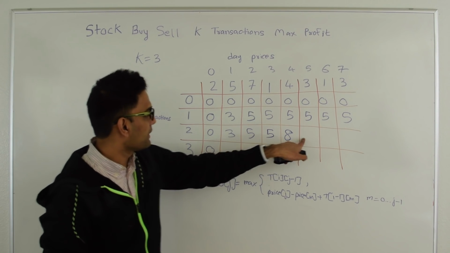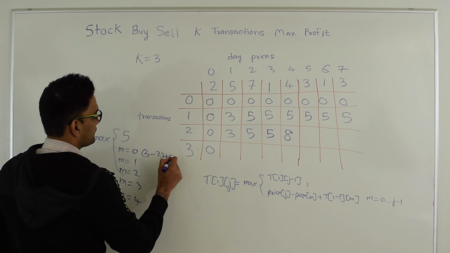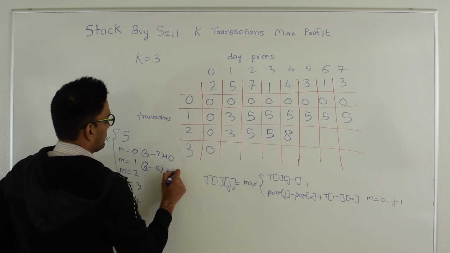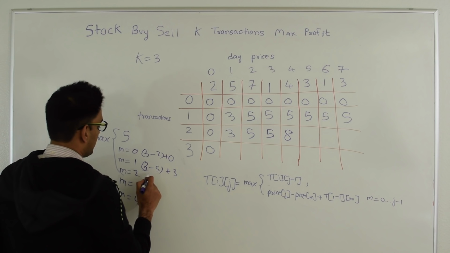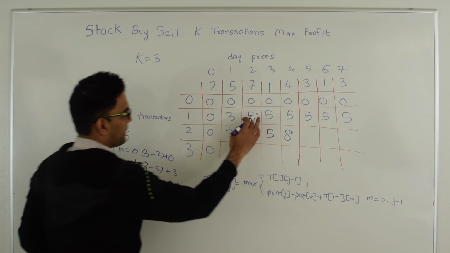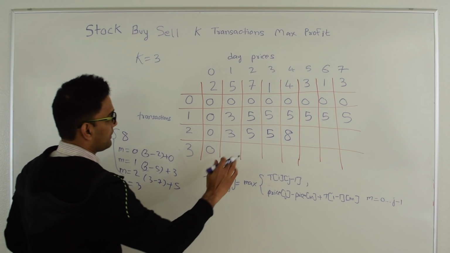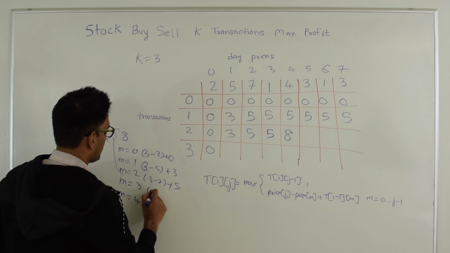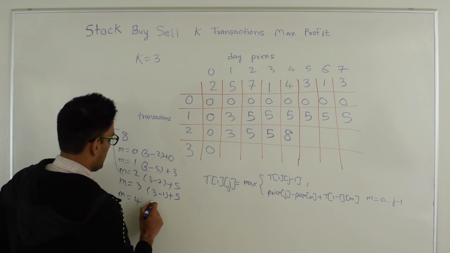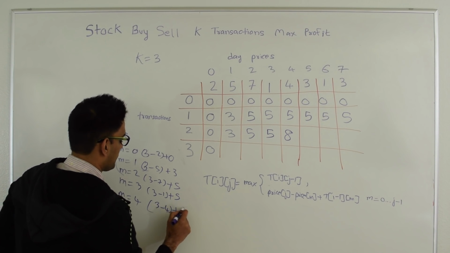So doing this very quickly, so this will be 3 minus 2 plus 0, or 3 minus 5 plus 3, or 3 minus 7 plus 5, or 3 minus 1 plus 5, or 3 minus 4 plus 5.